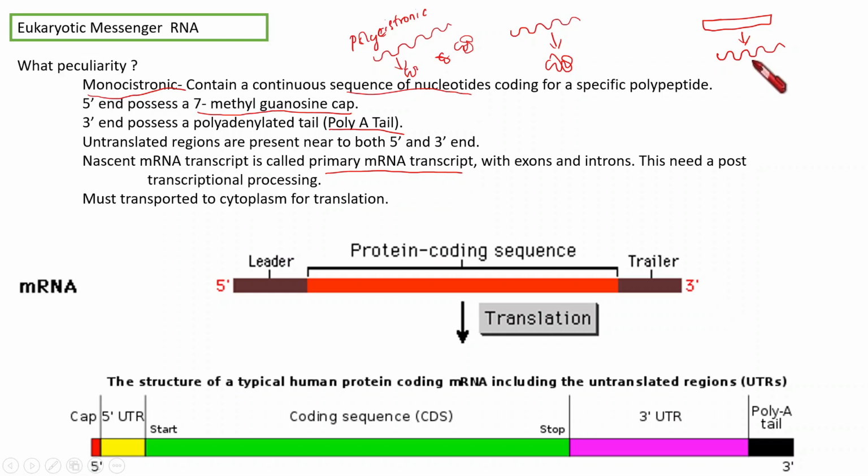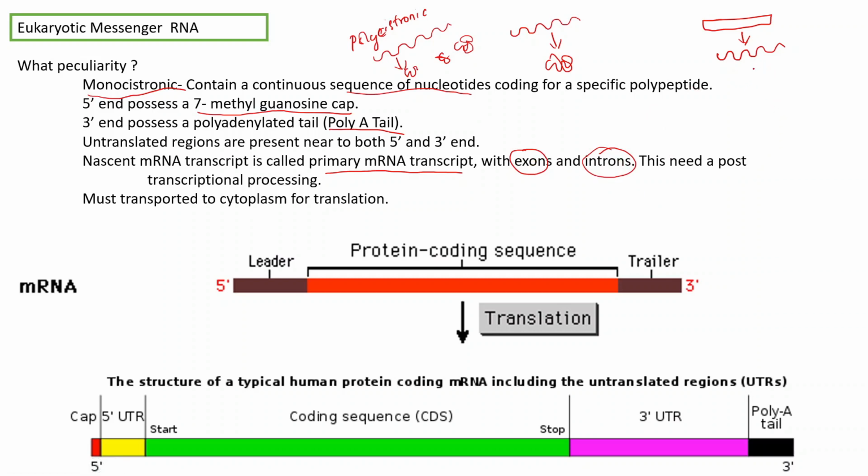Because it contains some wanted and unwanted regions. The wanted regions are called exons and unwanted regions are called introns. There is some significance for these introns also that you will learn in some other videos that you can locate in my channel itself. Anyway, wanted and unwanted regions are present.